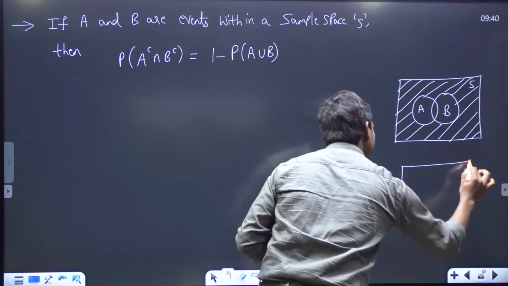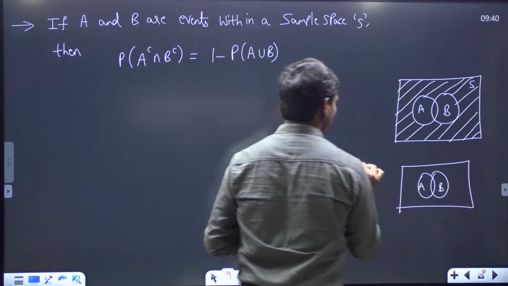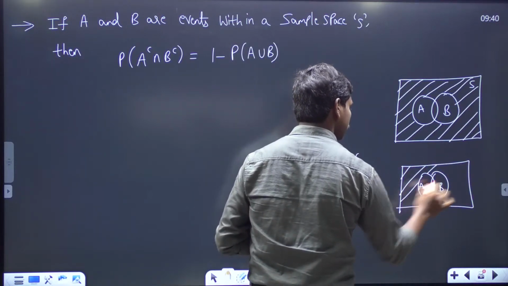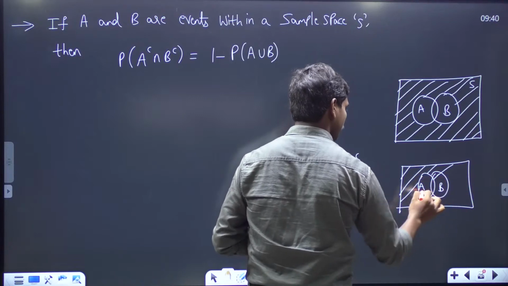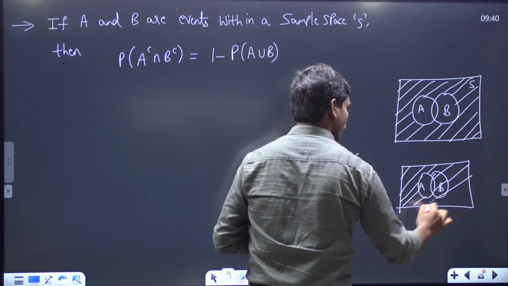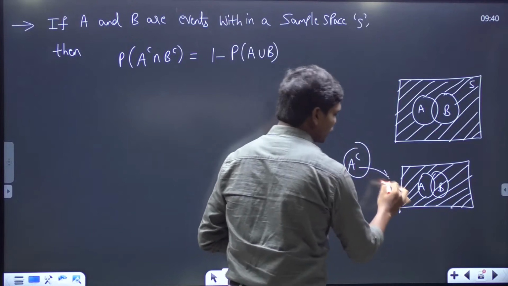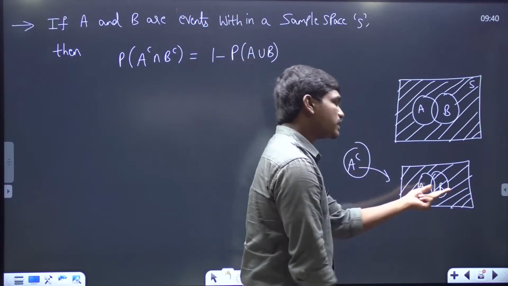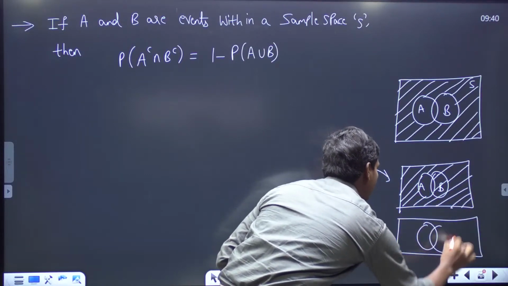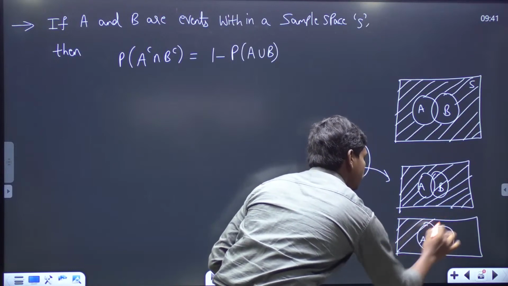Normally, if I write this as A and B, and I ask you what is A complement, then you will be writing something like this. This is A complement. Similarly, B complement will be something like this.